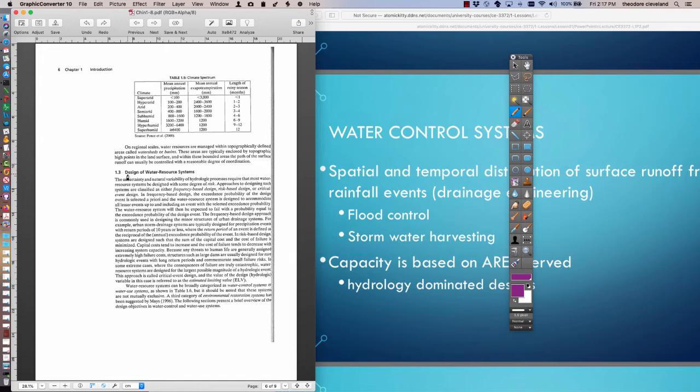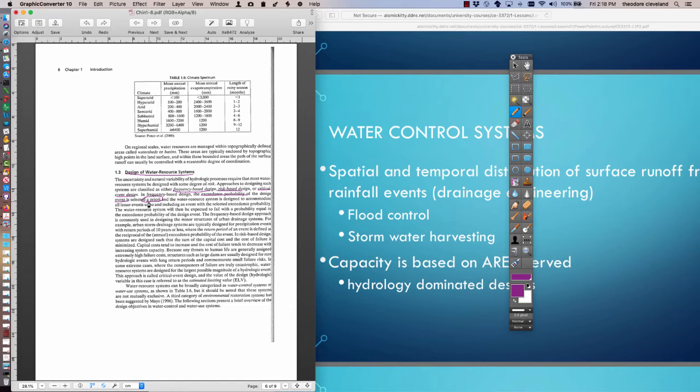Then we look at the design of water systems, which is what this class is. Certainly, that's in the title. There is frequency-based, risk-based, and critical event. And in frequency-based, the exceedance probability of the design event is selected in advance, and then the water resources system is designed to accommodate that particular event or lesser events.